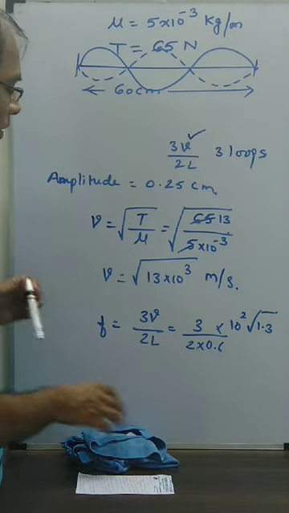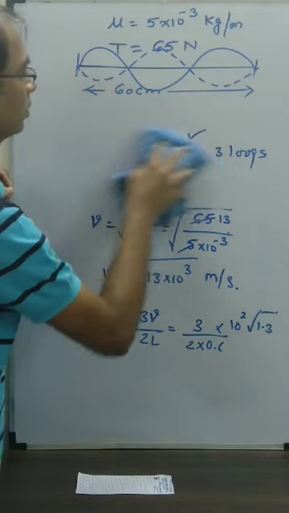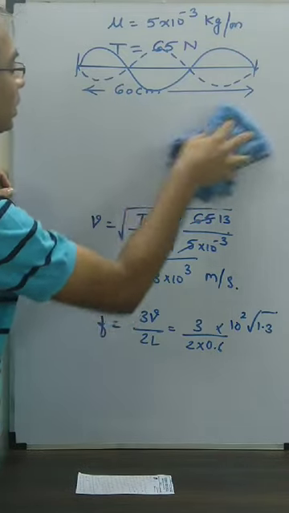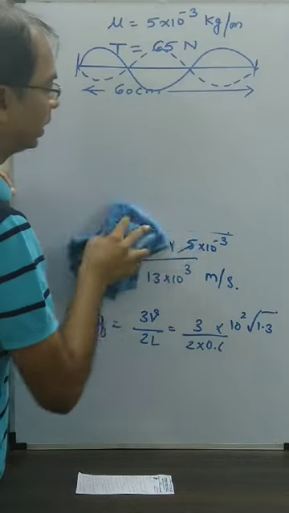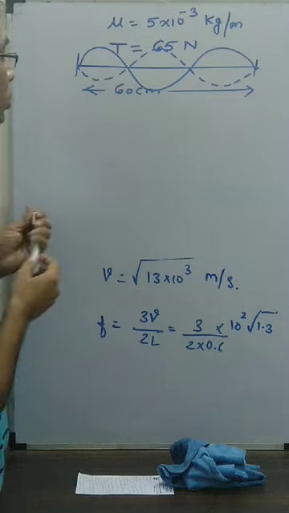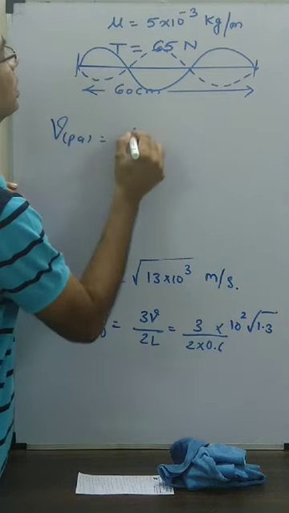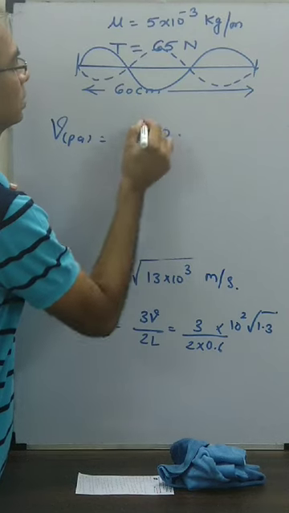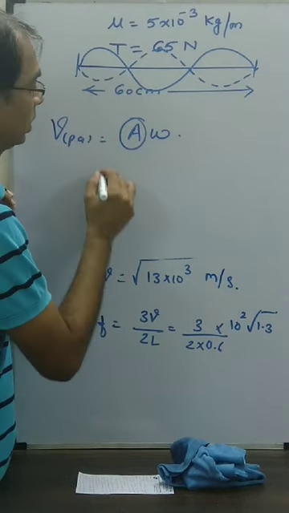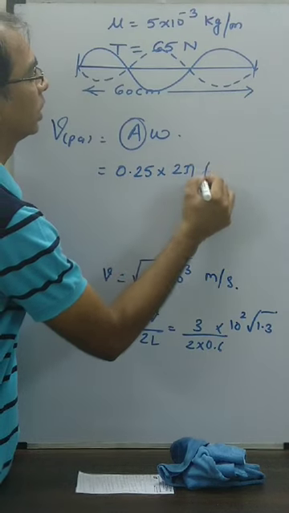Now the question is, what is the maximum particle speed at the antinode? And what is the amplitude at the antinode? It's given, 0.25. So velocity of particle is actually A omega. A is the amplitude, given 0.25, into 2 pi into frequency.